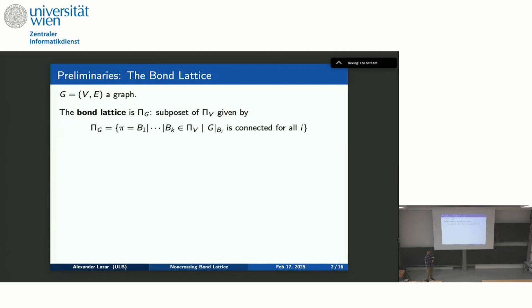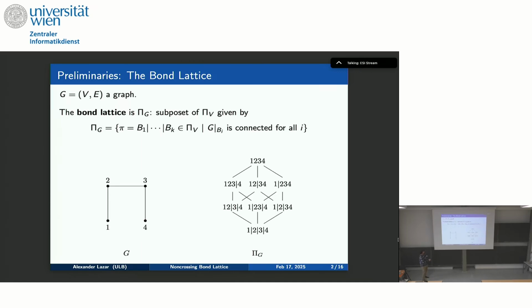Associated to any finite graph, we're going to assume simple, no loops, no multiple edges, is a poset called the bond lattice. This is a subposet of the set of set partitions of the vertex set, such that each block of any partition is connected, the induced subgraph is connected.